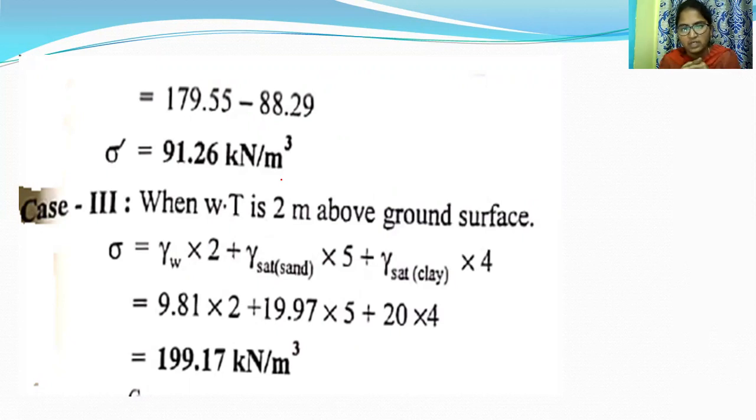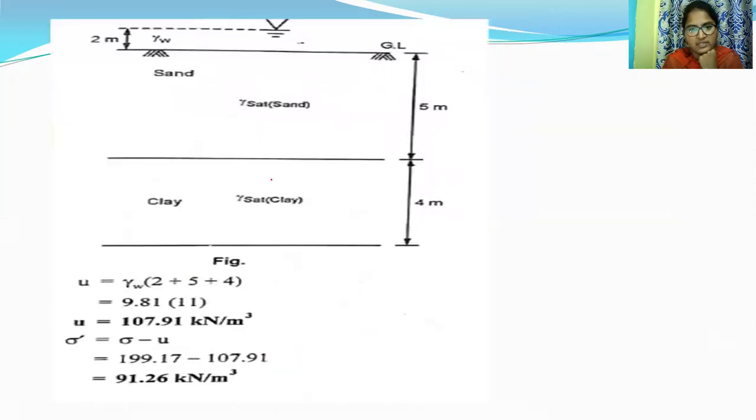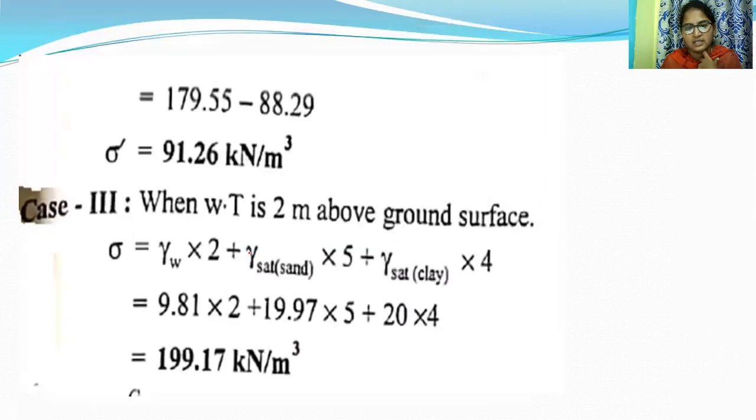Next, the water table is 2 meters above ground surface; the figure is like this, 2 meters above the ground table. The sand layer depth is 5 meters and the clay layer is 4 meters. How do we calculate this?